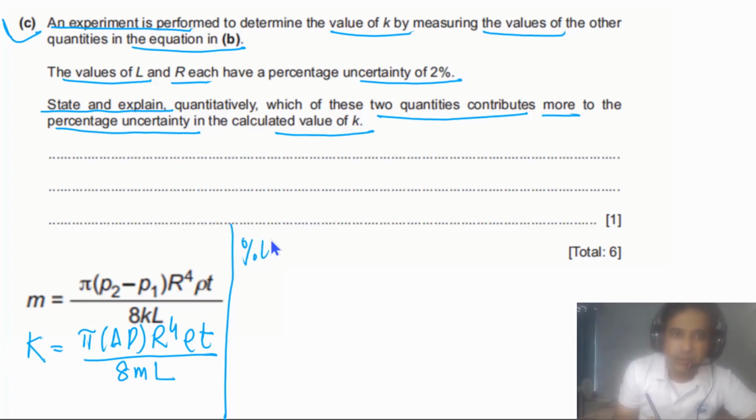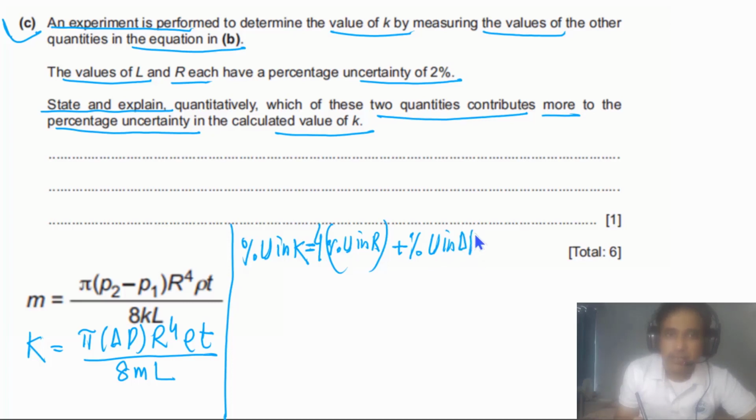So simply we can say percentage uncertainty in K will be equal to percentage uncertainty in R, but the power of R is 4, so it has to be multiplied by 4, plus percentage uncertainty in delta P, plus percentage uncertainty in rho, plus percentage uncertainty in T. Means simply we have to add the percentage uncertainties of all these quantities together. 8 is a number, so it should be ignored when we calculate percentage uncertainty.